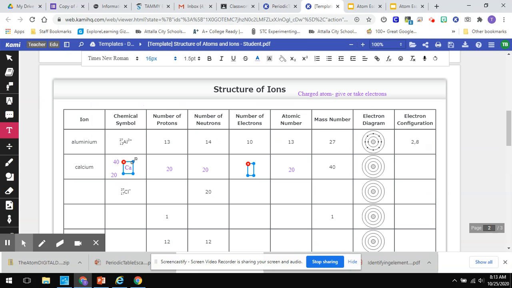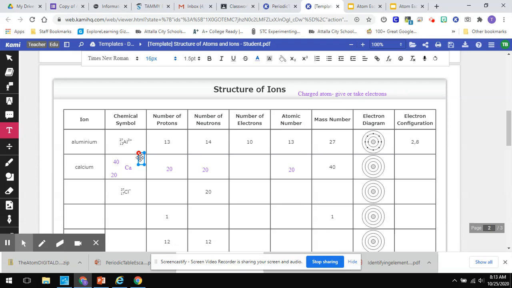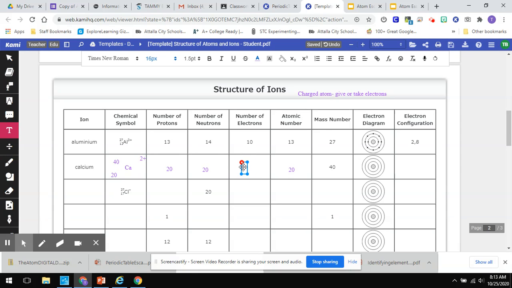So calcium's charge is going to be 2 positive. So what that is going to mean is that it's going to have 2 more protons than it does electrons. So that means I need to subtract 2 from this in order to know my electrons.